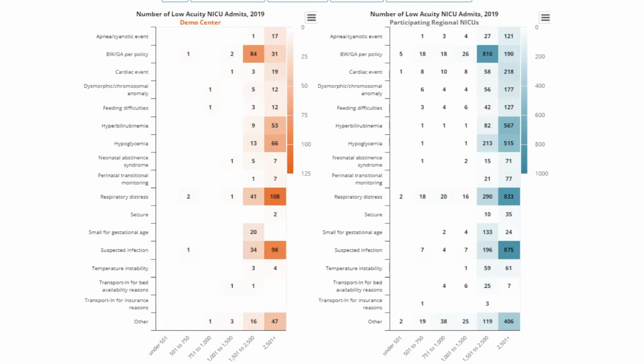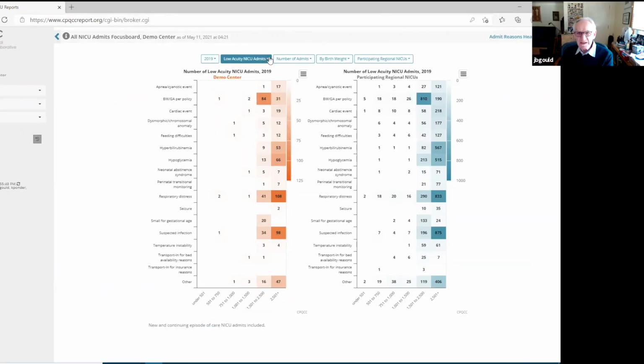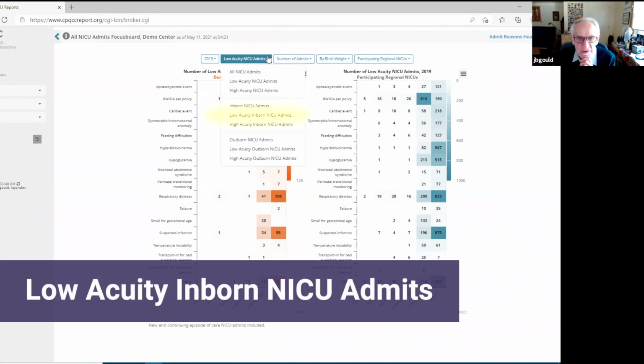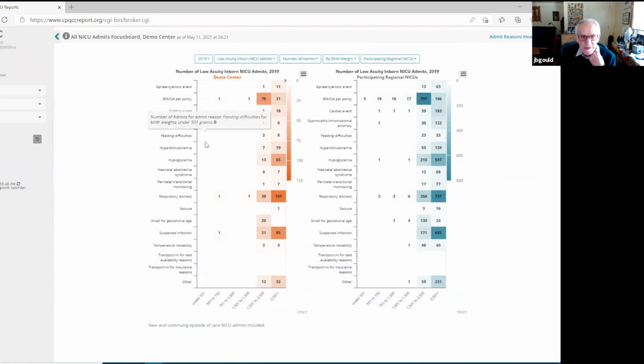You wonder if there's a difference between the diagnoses of the kids that you admit inborn versus outborn. So we could actually look at that. We could look at inborn low acuity. Some of the big ones are hypoglycemia, again, respiratory distress.